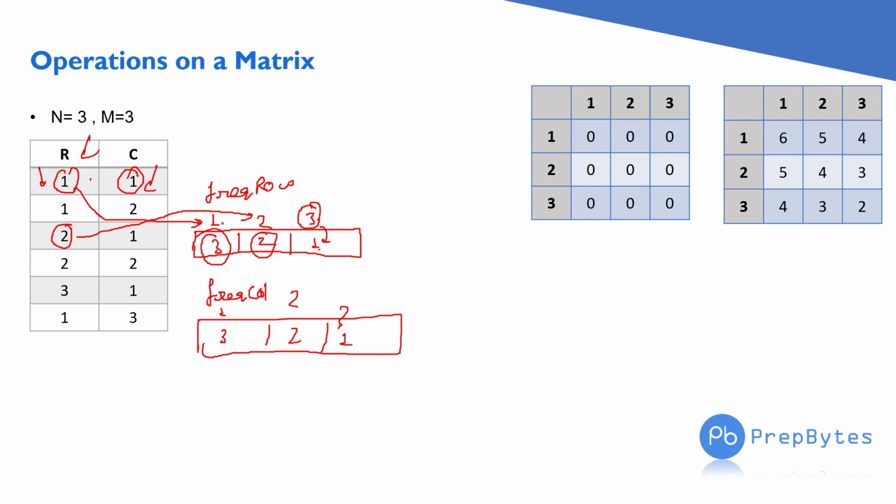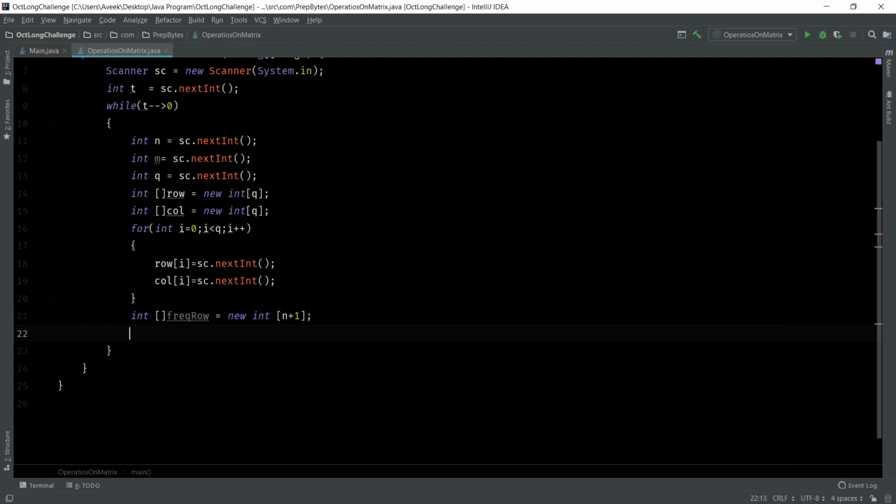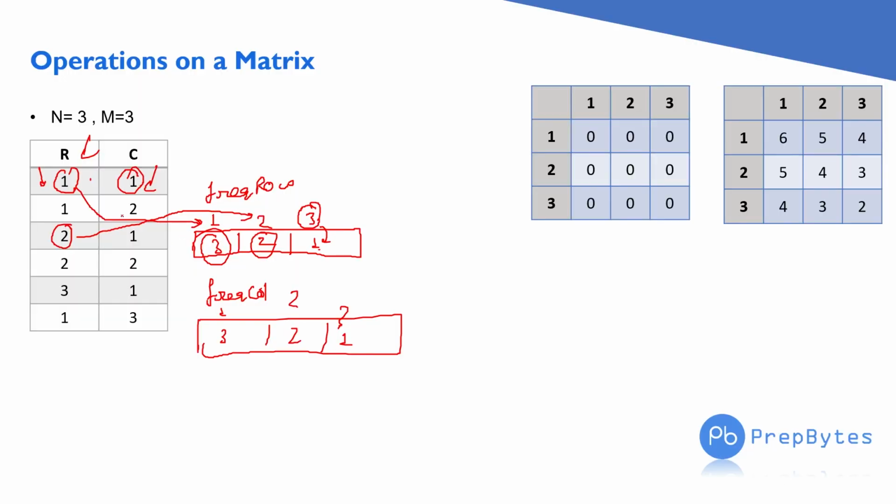It is very easy. So here int frequency row equals new int of size n plus 1. So why n plus 1 size? When n equals 3, the indices are actually 0 to 2, but here we exactly need index 3, as you can see we have a value of 3.